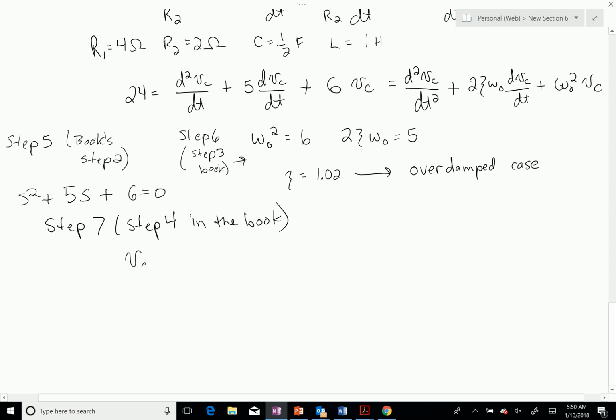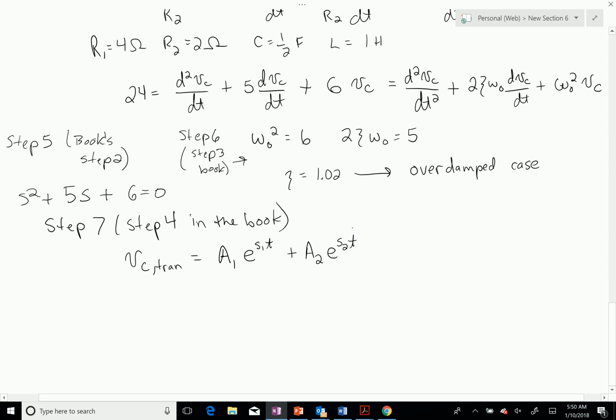So V sub C transient, in this case, since it's overdamped, is the one with the 2 distinct exponentials. So basically A1 e to the S1t plus A2 e to the S2t.